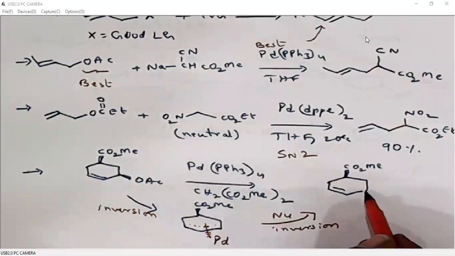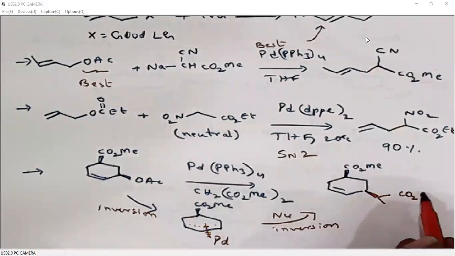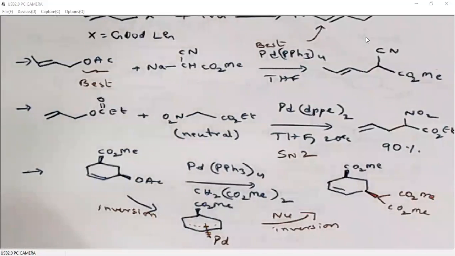Here, this is the nucleophile, malonate ester, dimethyl malonate. Here palladium approaches this allyl leaving group from the opposite face. So first when palladium is attaching, we will observe inversion of configuration for the first time.